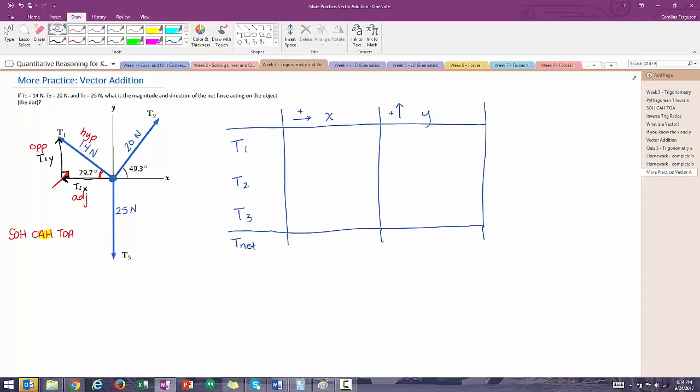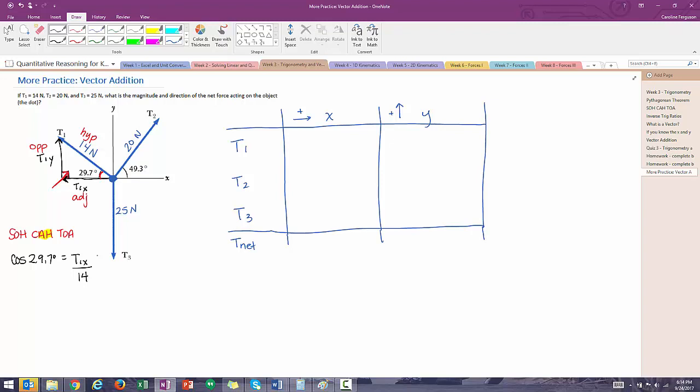So now I'm going to write down the ratio: cos of our angle, 29.7 degrees, is equal to the adjacent side, T1x, over the hypotenuse, which is 14. Okay, so now we're going to solve for T1x. Because T1x is being divided by 14, the opposite of dividing is multiplying, so we're going to multiply both sides by 14.